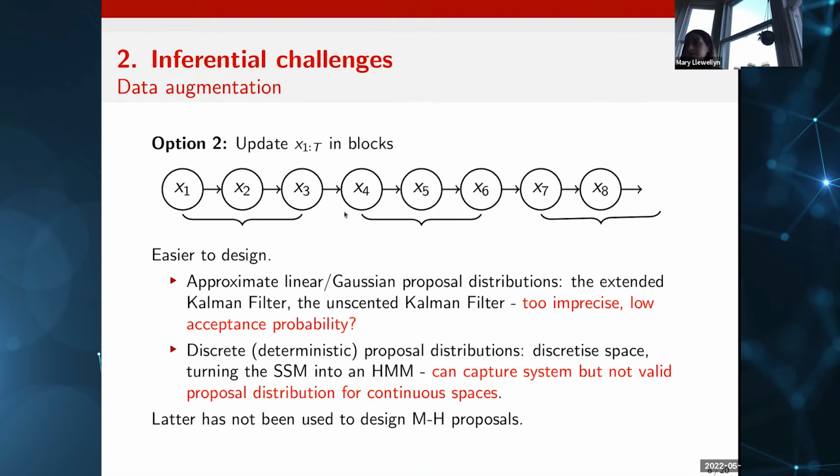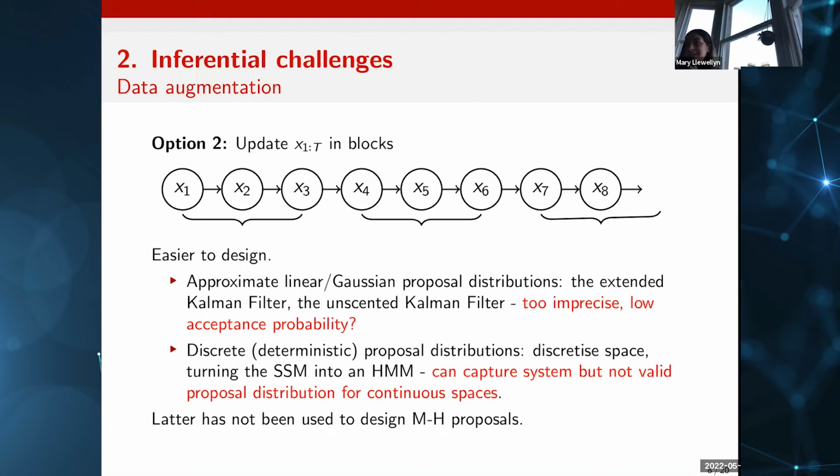And then we'll update the states at 4, 5, 6, conditional on the states at times 3 and 7, and so on until all the states have been updated. So that's a fairly basic blocking strategy where we've split consecutive states into blocks of 3 and updated each from their full conditional distribution.